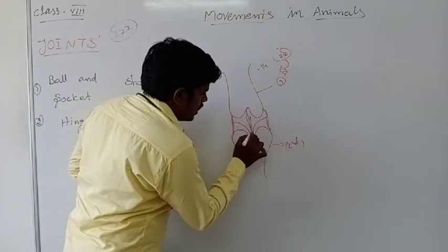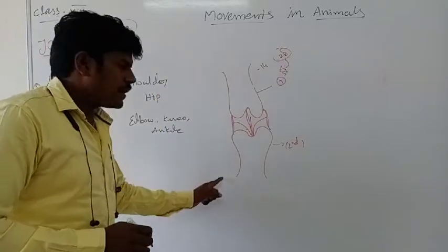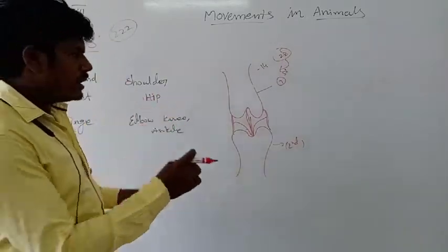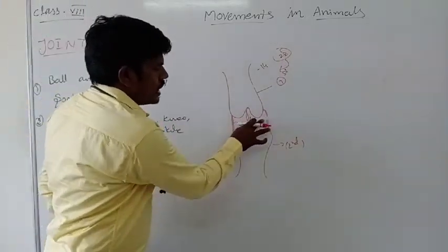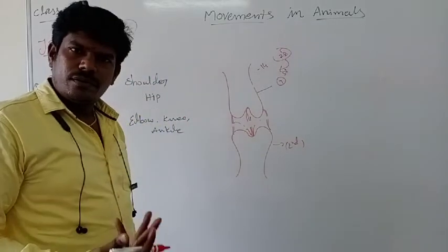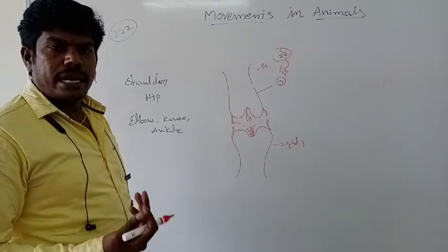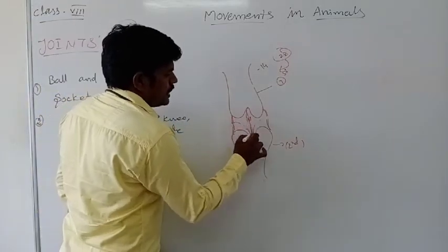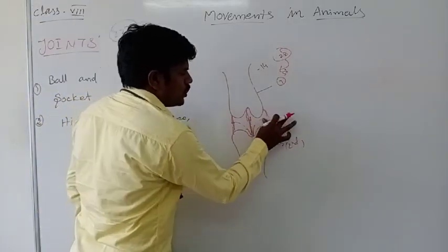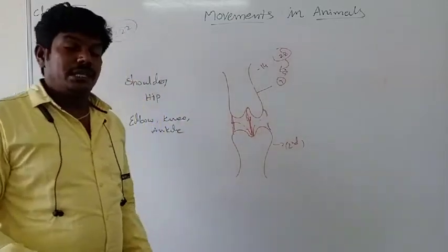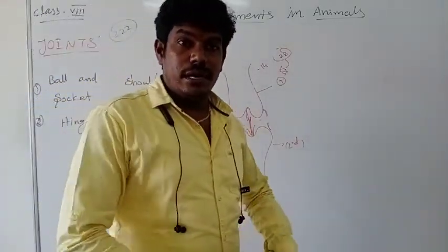These three layers are the main responsibility for the entire part to move. In case, just imagine this is not there, this is not there, this is not there, it's not possible for that person to move actively. At the same time, here these two layers are the connector. If this one alone is not there, that person is not walking normally.